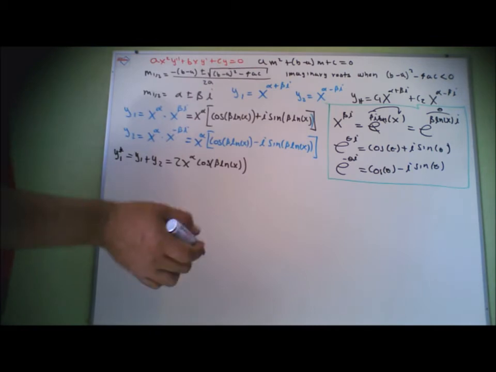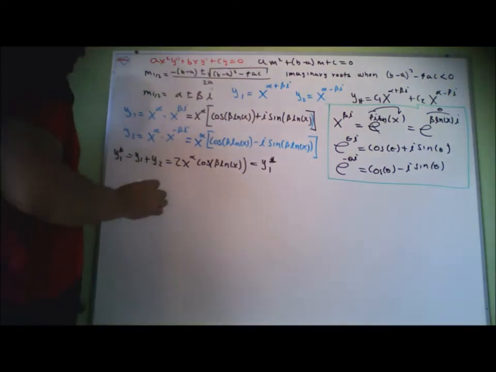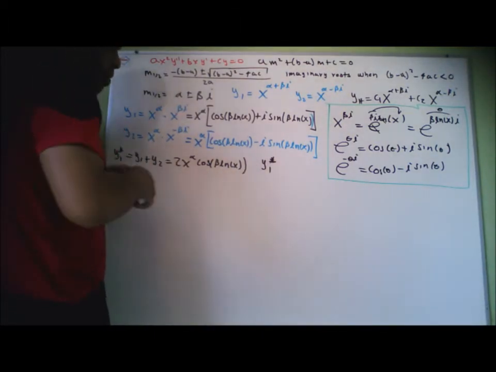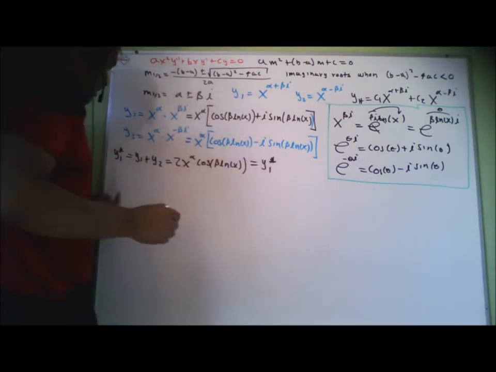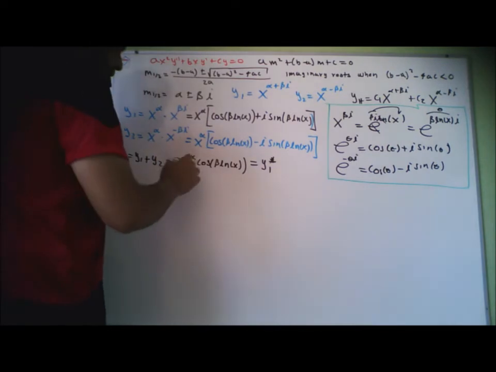Because they cancel, this is my first solution star. What happens here is that this is still a solution. Why is it still a solution? Because it is a combination of two solutions. So if these two are solutions, then the combination of them is going to generate another solution.